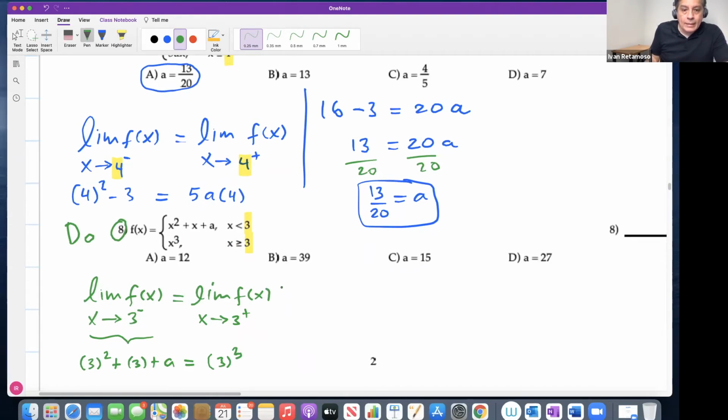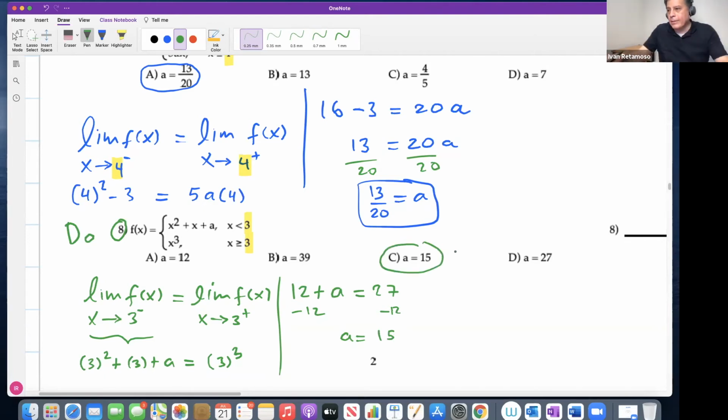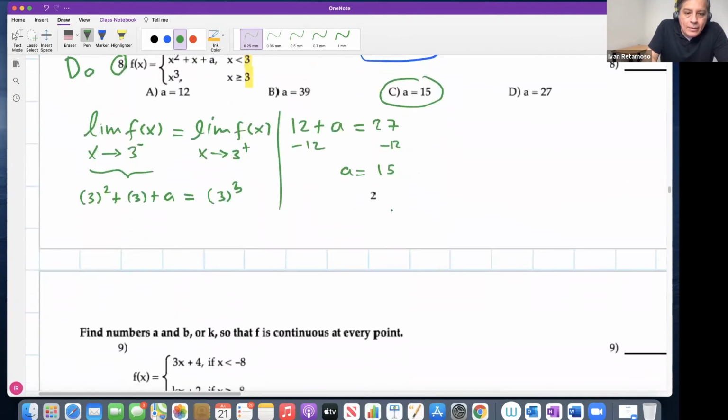Careful. Do the math. 3 squared is 9 plus 3, 12 plus a equal 27. Subtract 12 in both sides, and then you will get that a is just equal to 15. Excellent, excellent, very good, guys, very good, right? So then you can do this at home, right?